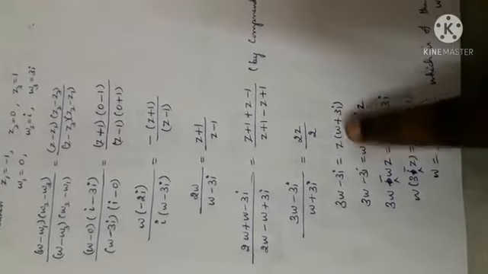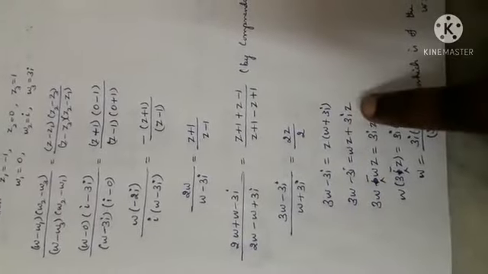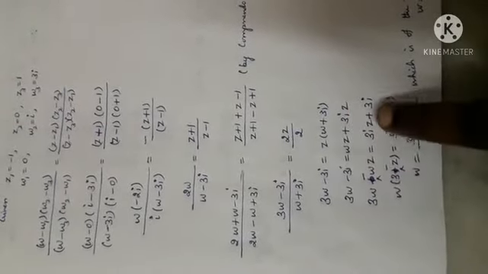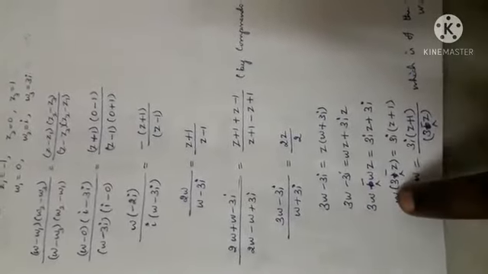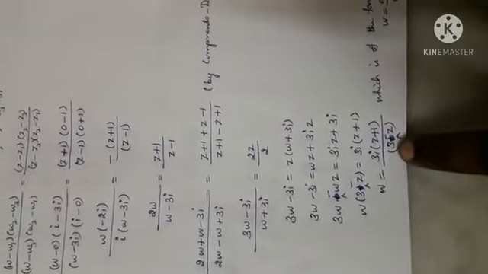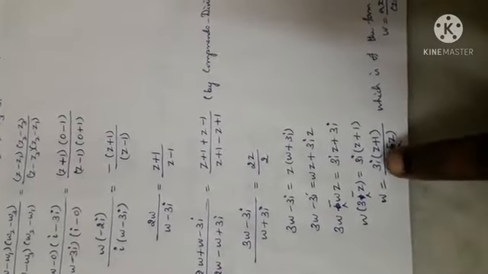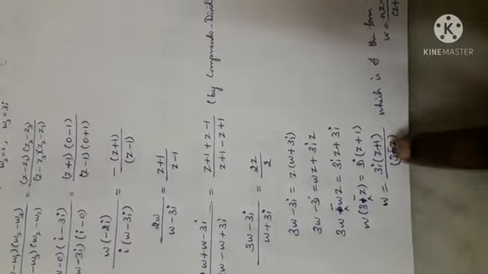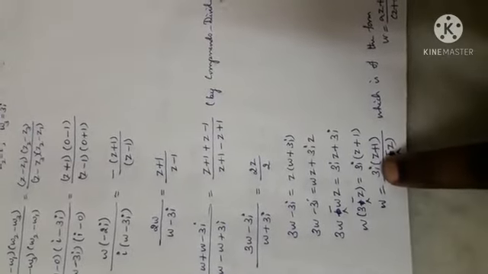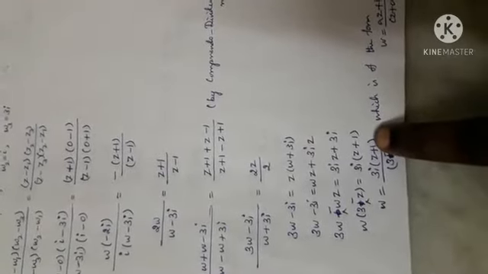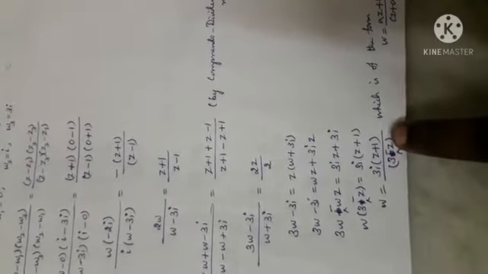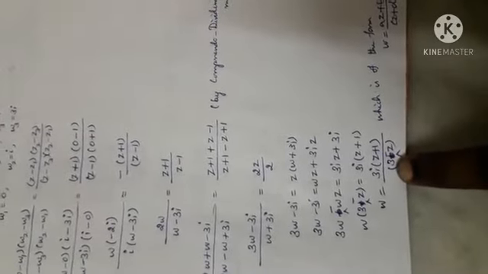In order to get W, listen here, get all W terms on one side, other terms on the other side. Take W common, get W. W is equal to, which is of the form AZ plus B by CZ plus D, where A is 3i, B is 3i, C is minus 1, D is 3.